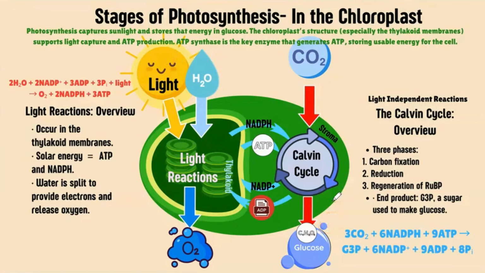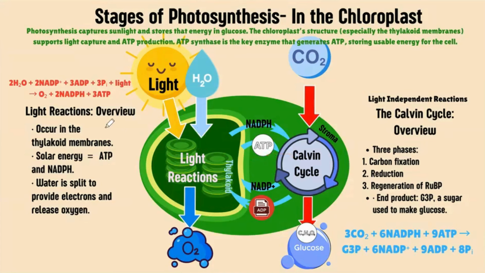The chloroplast structure, especially the thylakoid membranes, are in a disc-like shape to maximize that light capture, and we are producing what's known as ATP in this process to help drive the Calvin cycle.